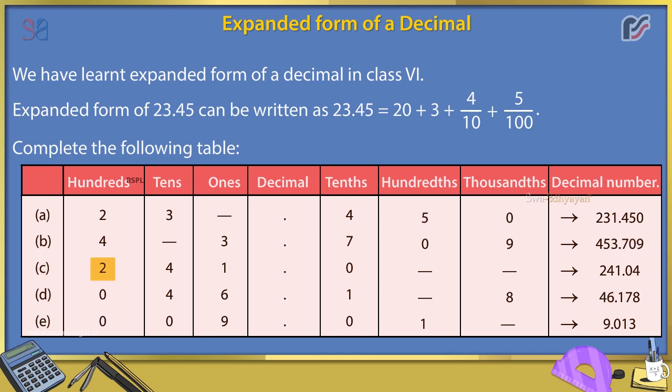C. 2, 4, 1.0, blank, blank, 241.04. D. 0, 4, 6.1, blank, 8, 46.178. E. 0, 0, 9.01, blank, 9.013.